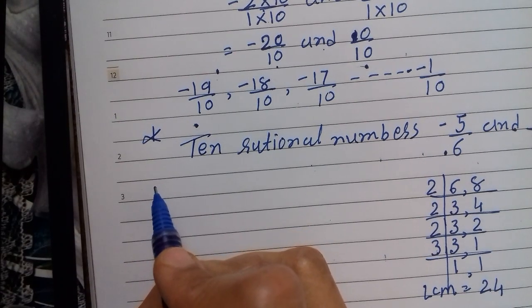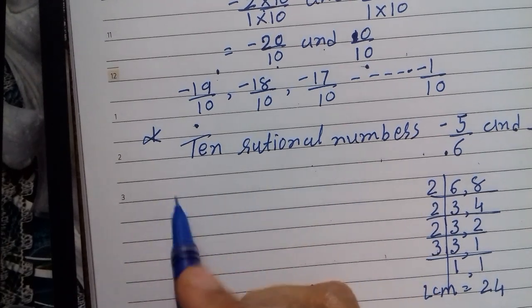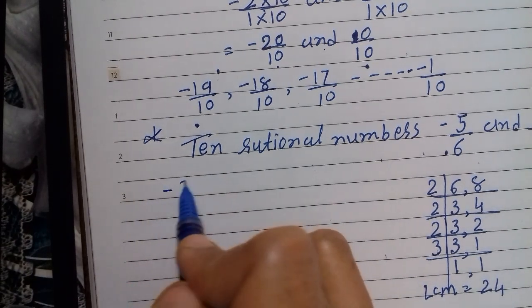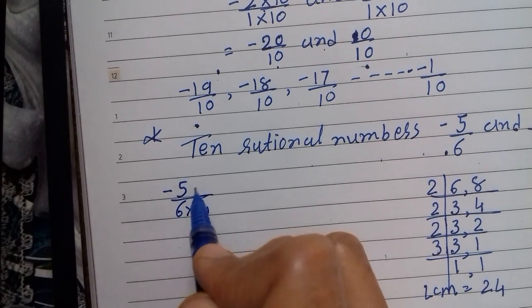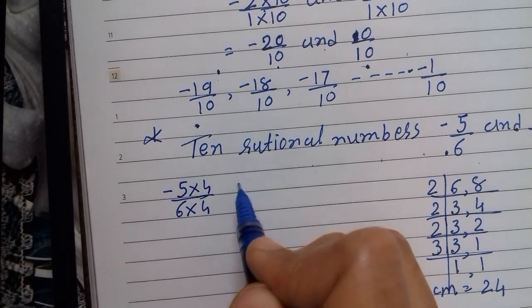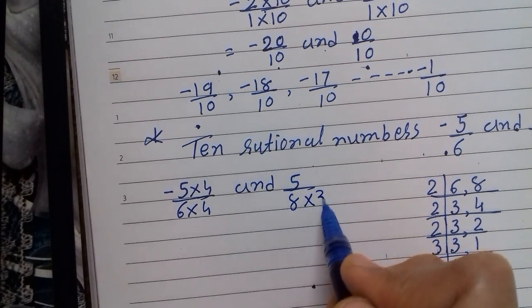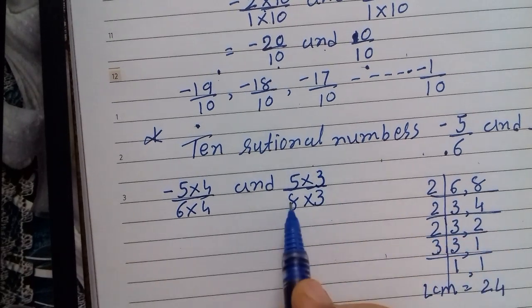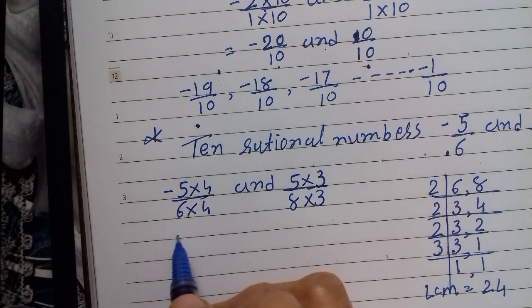Now we convert these two rational numbers to the same denominator, that is 24. So multiply 6 by 4 both in numerator and denominator, and multiply 8 by 3 and 5 by 3 to get the same denominator 24.